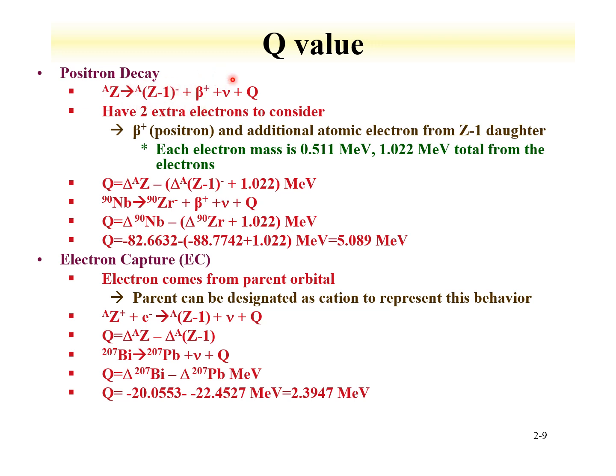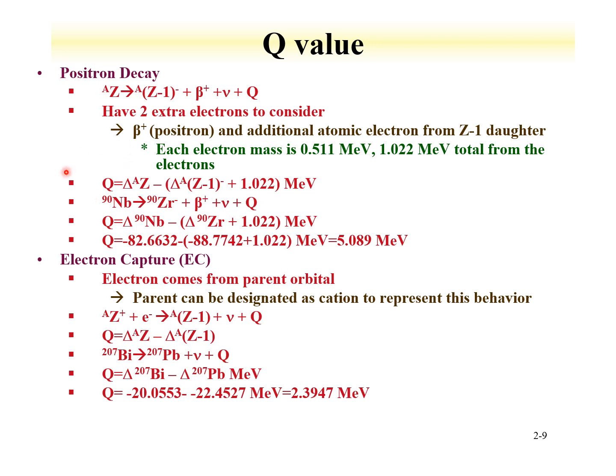This positron that comes out, we'll also treat as an electron. So we have two extra electrons to consider. The positron, an additional electron from the daughter. The mass of each electron is 0.511 MeV. So we need to consider this term, 1.022 MeV total from the electrons.